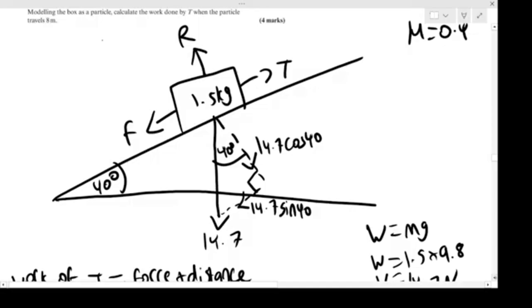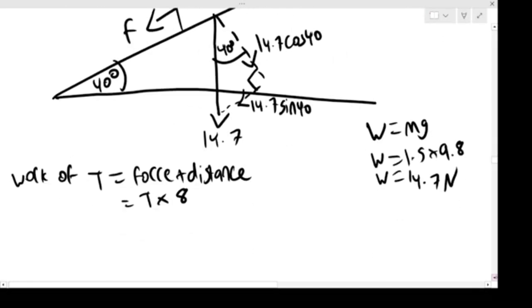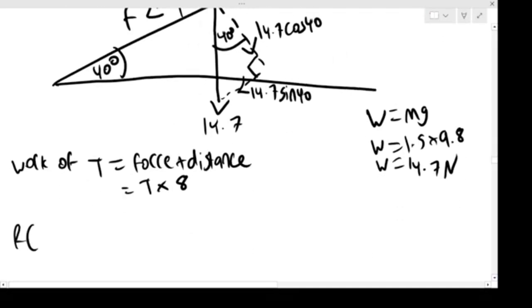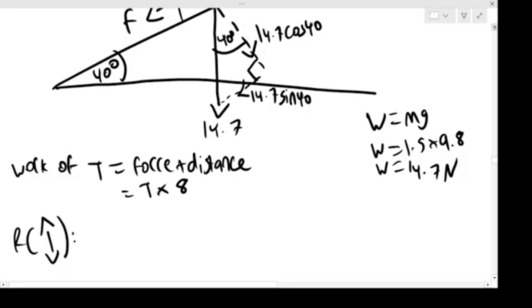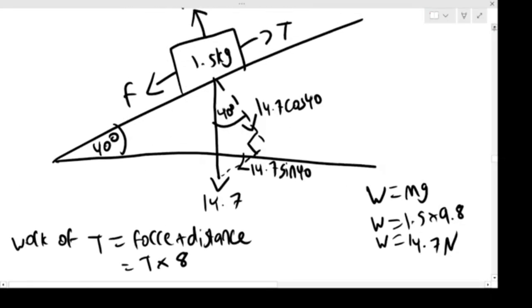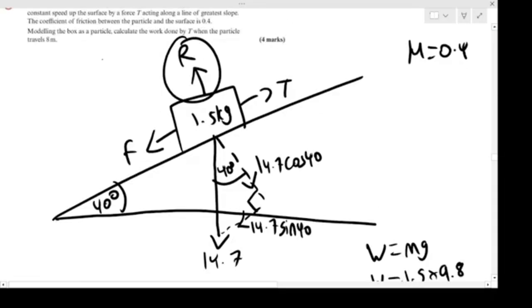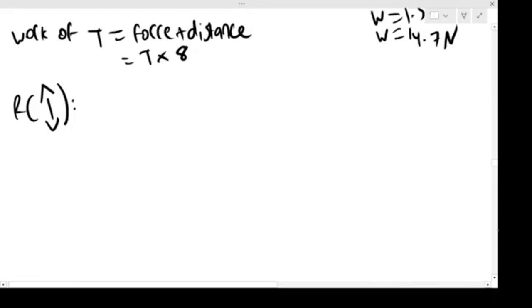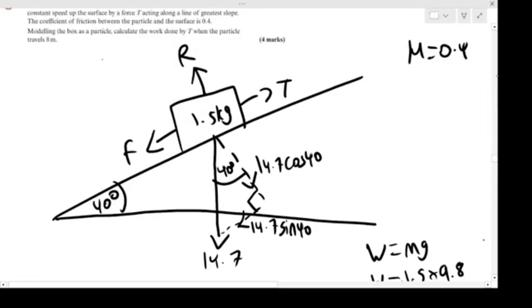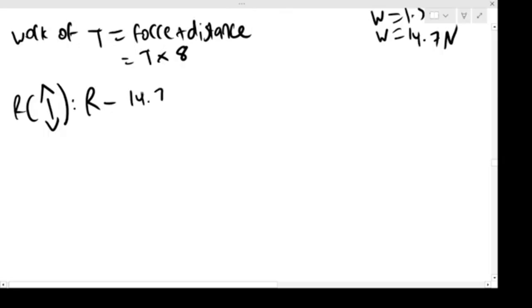Now I'm going to be looking at my forces. Firstly, if I resolve the perpendicular forces, the forces acting in this direction, you can see the reaction force acts up like that, take away this 14.7 cos 40 force acting the other way. That's going to equal MA.